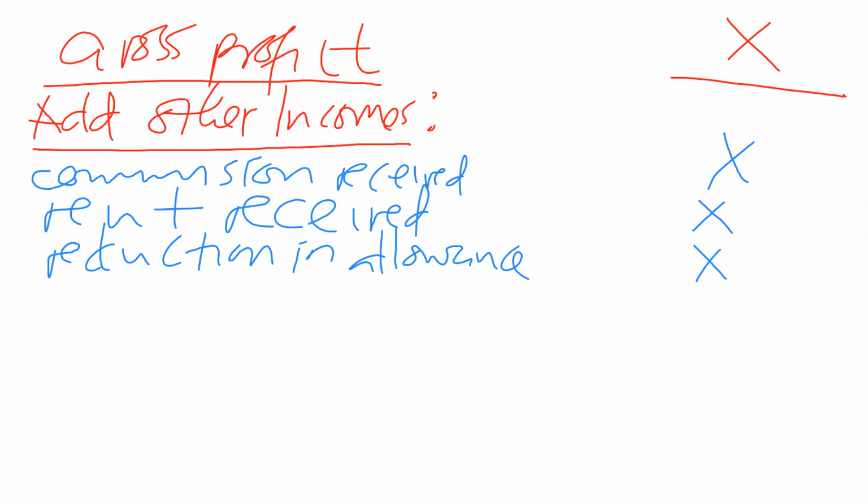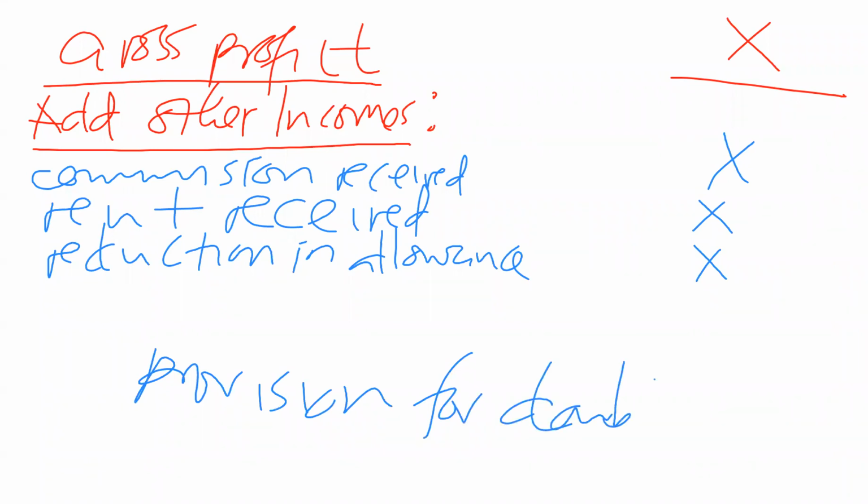The other name is the provision for doubtful debt. It is the same thing. In some literature you will find allowance for receivables, in other literature provision for doubtful debt. Once the provision for doubtful debt reduces, that decrease is another income. You will include it here.